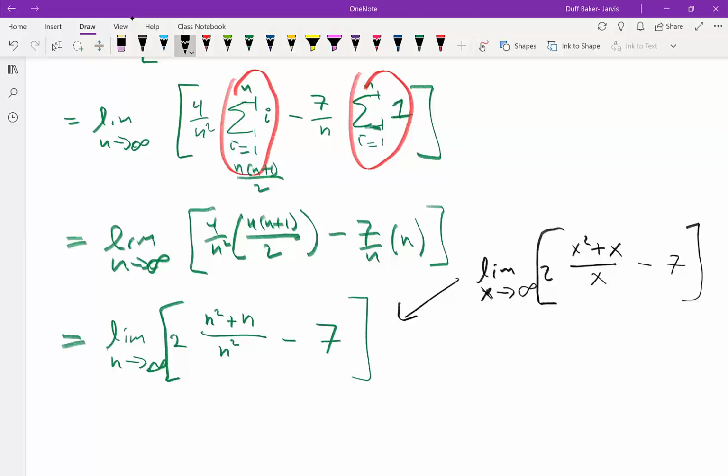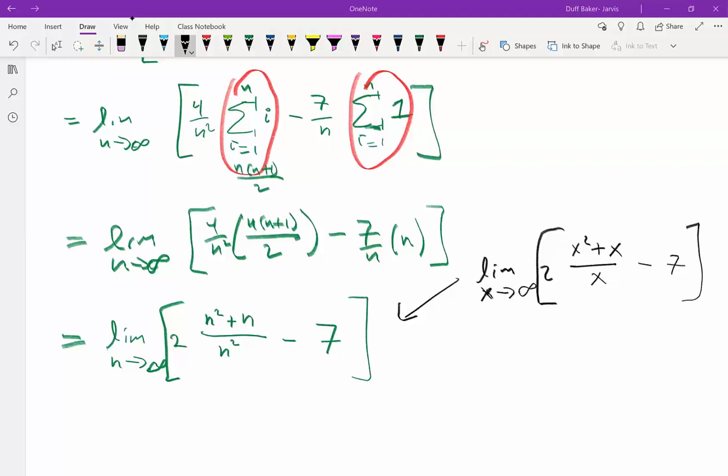What do you guys think the answer to this limit is? Okay, so one person thinks -5.